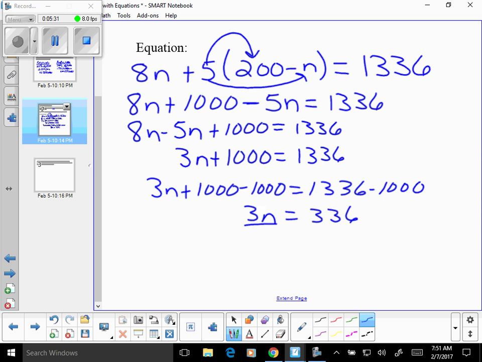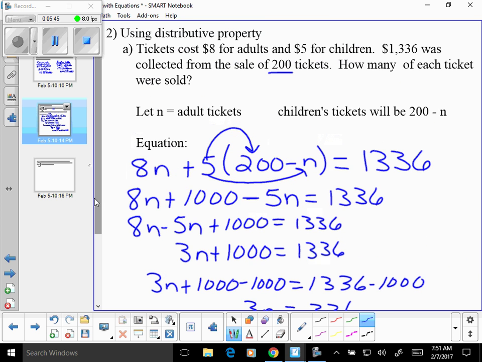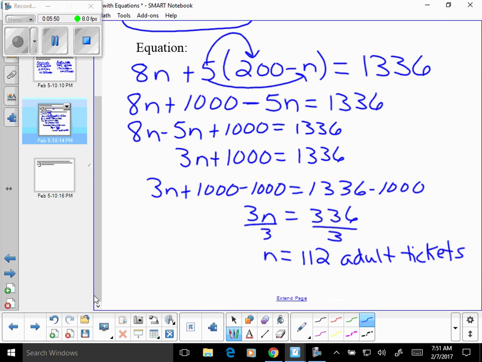One-step equation left. To divide by 3, n is going to be 112. And that is the adult tickets, because if you remember back up here, n is the adult tickets. But it does say to find the number of each type of ticket.